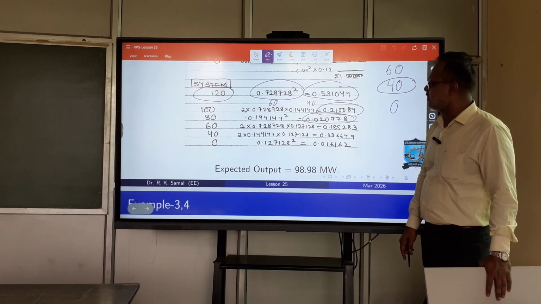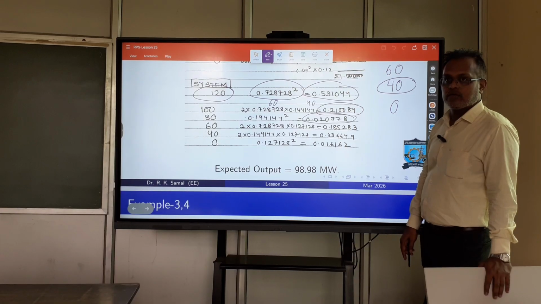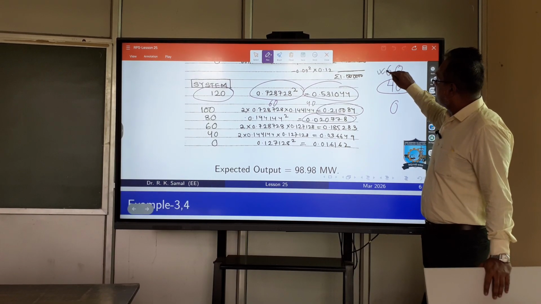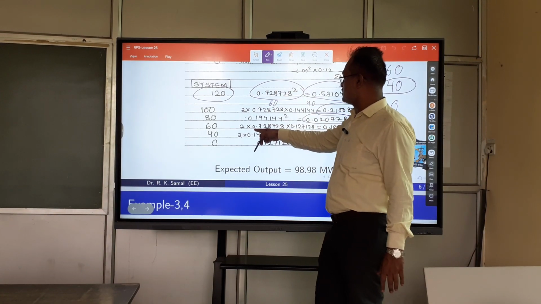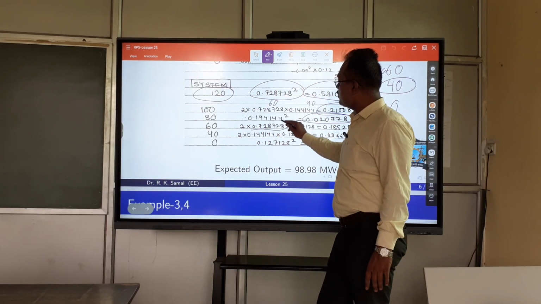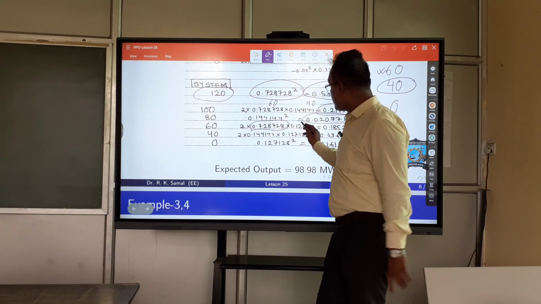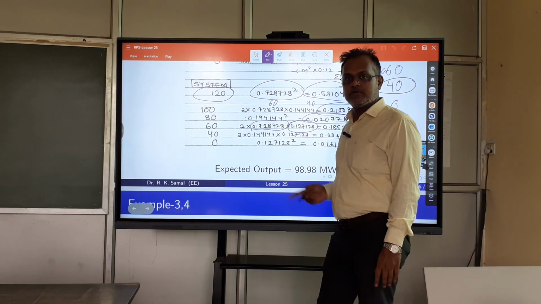Okay. What about 60 megawatt? This is a tricky case. 60 megawatt means either one is outputting 60 megawatt. So that means 2C1, 0.728, one is available, the other one is not available, 0 megawatt for it.